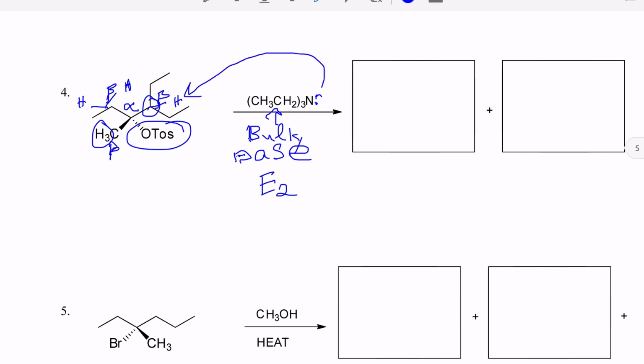So according to Zaitsev's rule, you would think that you would have to basically remove this proton, causing there to be a movement of electrons to that sigma bond, forming a double bond, and also subsequently removing the leaving group. But this is just only one of 2 products. In fact, it is the minor product. And let's first draw out our minor product, right?